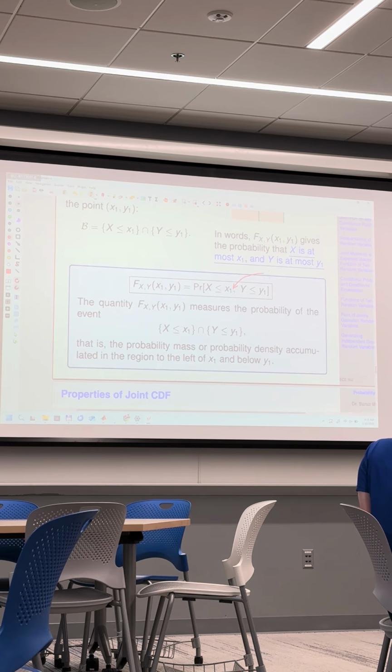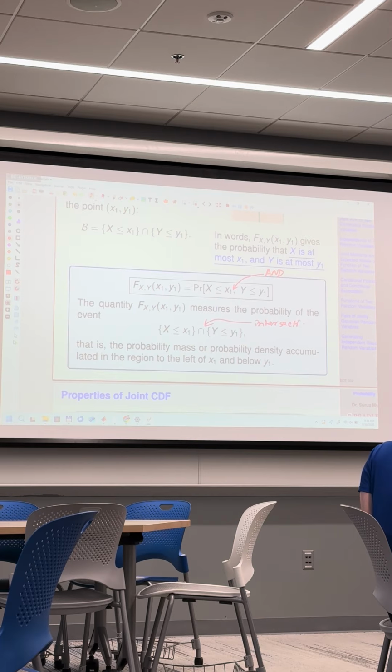This comma means and, and in set theory it means intersection. So you are determining the probability that x less than or equals x1 and at the same time, simultaneously, y less than or equals y1.